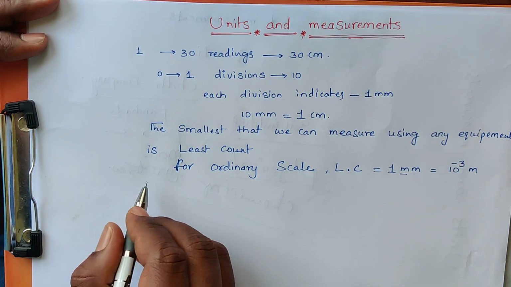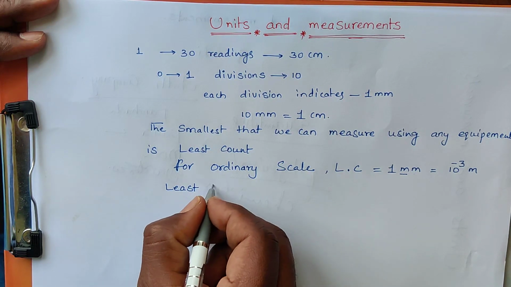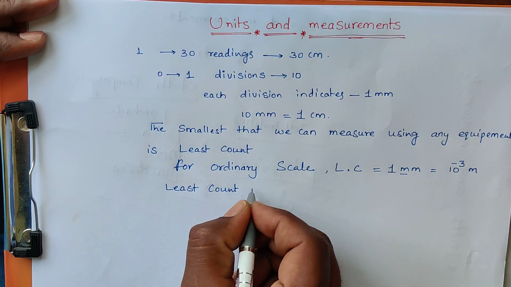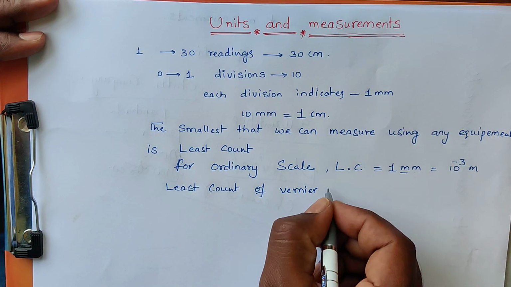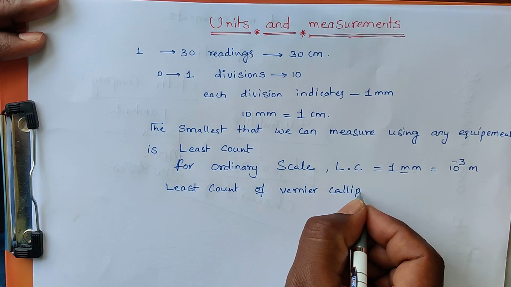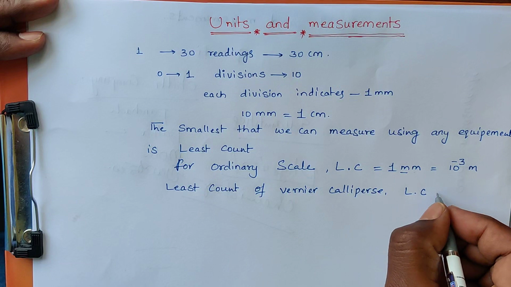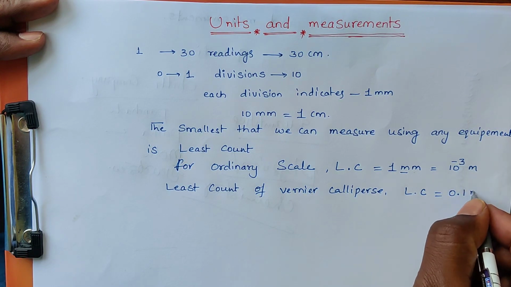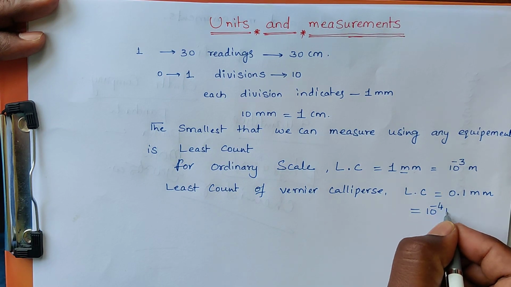Okay. Least count of vernier calipers. Similarly, the least count of vernier calipers is 0.1 millimeter. That is 10 to the power of minus 4 meters.